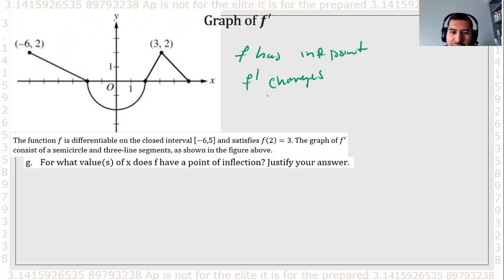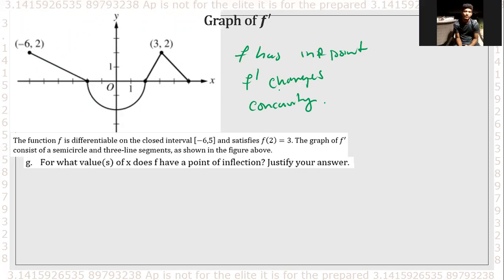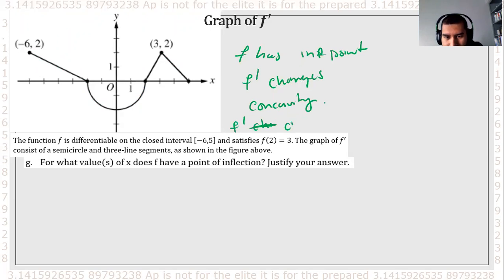Yes, it changes concavity. So in other words, f prime changes from increasing to decreasing. So when does the concavity change?